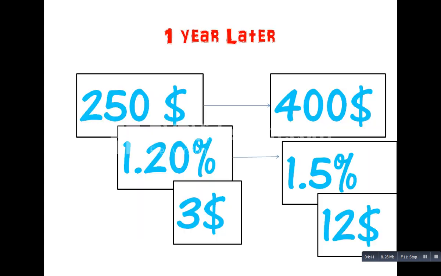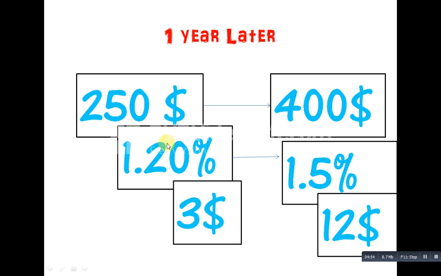Now, what happens 1 year later? This is a long-term investment we are talking about. So let's assume market conditions are extremely good, Apple does extremely well, and at the end of 1 year, the $250 share changes to $400 a share. The share price has increased multifold.